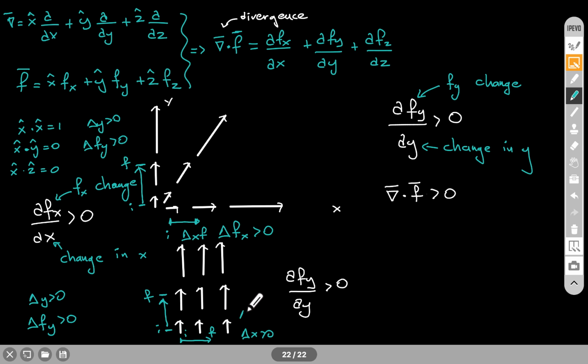So this means the change of f of x is 0 for a positive change in x, and what that tells me is that this first term is exactly 0. Now, what do you get if you add the two? Well, you have a positive number and 0, so the divergence in this case will be a positive number.